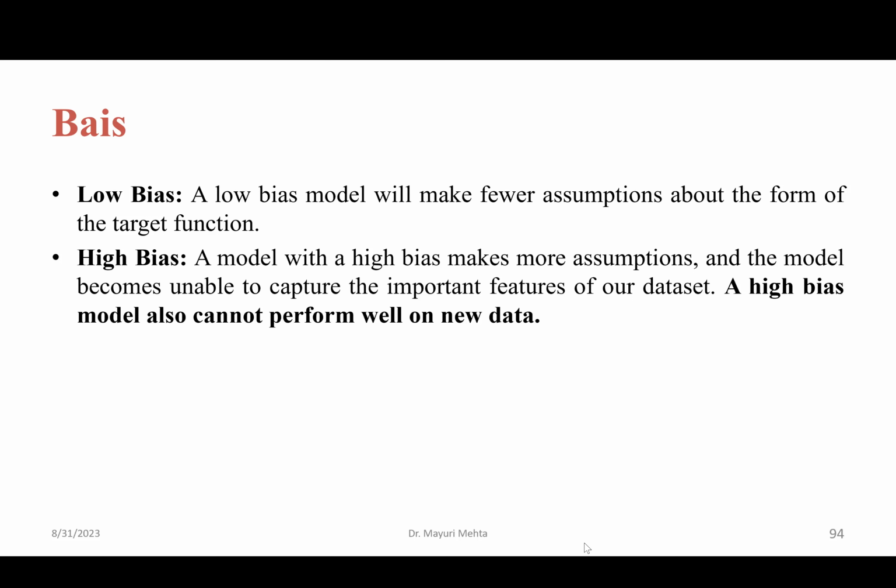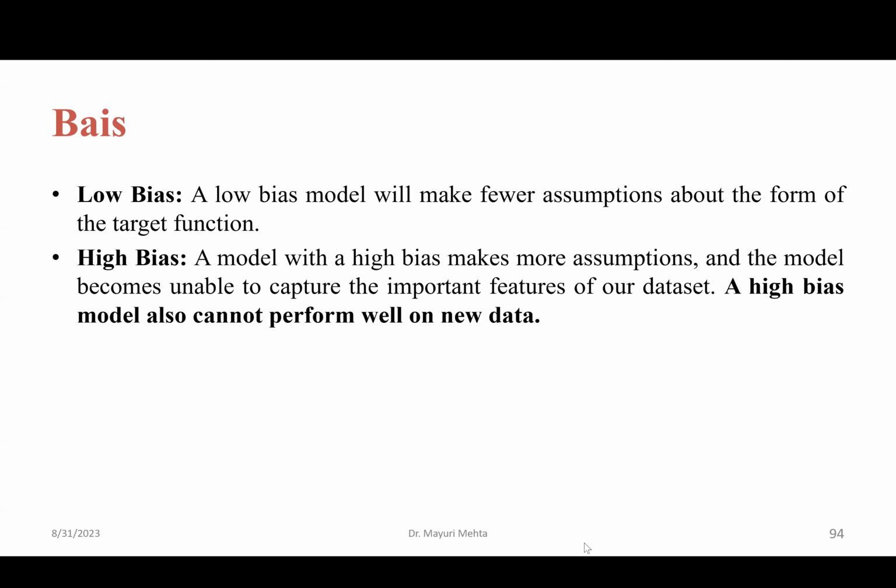The simpler the algorithm, the higher the bias it is likely to introduce. A linear algorithm is considered a simpler algorithm, and usually has high bias, whereas non-linear algorithms, which are considered complex algorithms, often introduce low bias. So I'll give you some examples of machine learning algorithms with low bias and high bias.